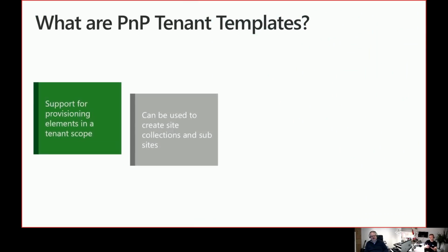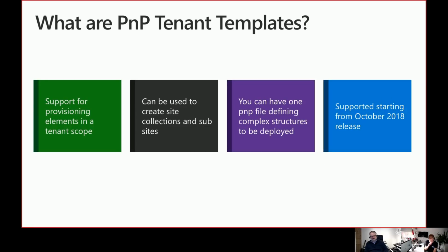So what is the PnP Tenant Template? The classic PnP provisioning engine has supported provisioning of elements at the site level. So technically, within your PowerShell or your code, you were required to create a site or a subsite or a site collection, and then apply the template on top of that site. So there is an existing site. We never actually supported creation of hierarchies, or creation of sites and site collections, and tenant level configurations.